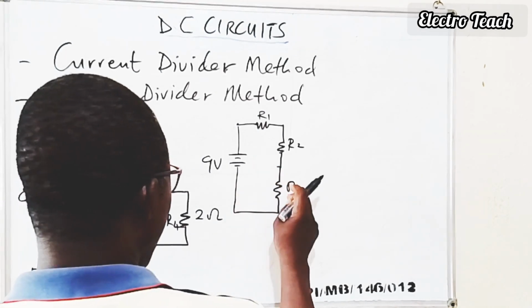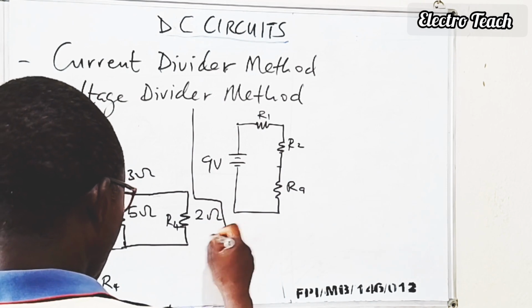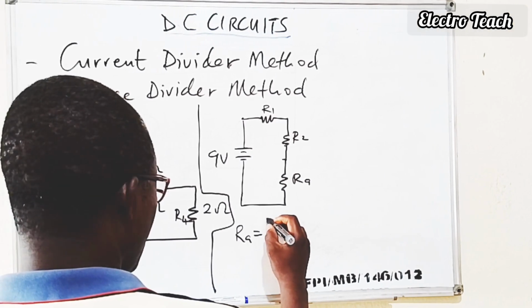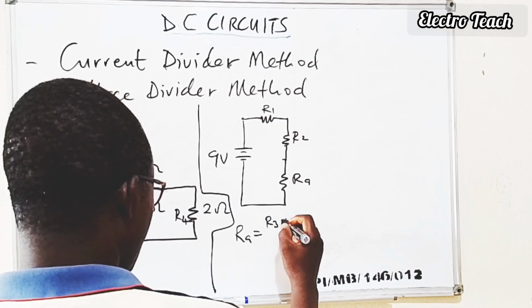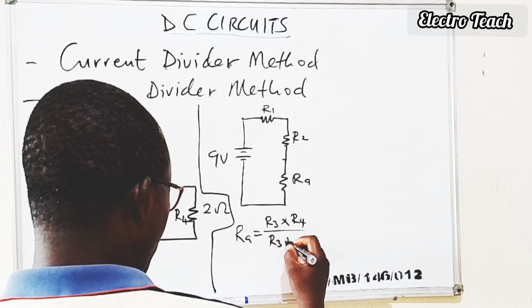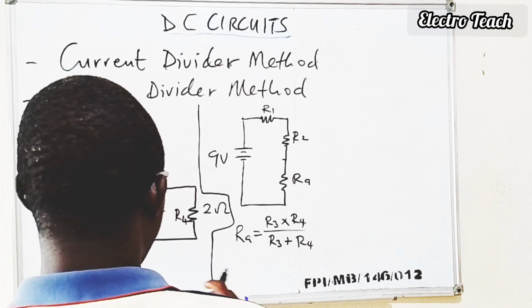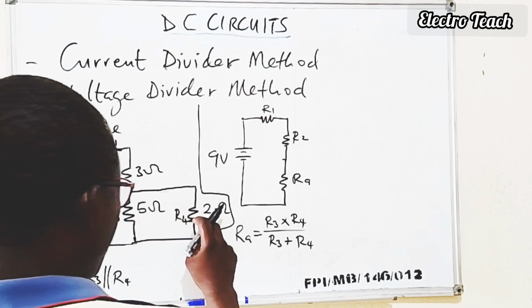So resistor RA can be calculated this way. RA equals R3 multiplied by R4 divided by R3 plus R4. All right, and R3 is 5 ohms, R4 is 2 ohms.